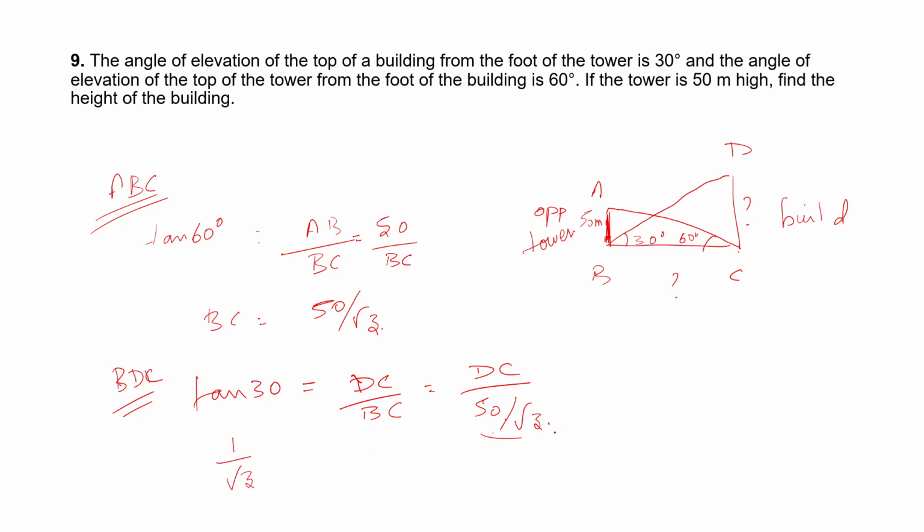I will bring this 50 by root 3 to this side, into 50 by root 3 is DC. That's the building height, right? Which is equal to 50 by root 3 into root 3, by 3. So 50 by 3 will be the answer, which you can simplify further as 16.6 meter. So the building height is 16.6 meter.